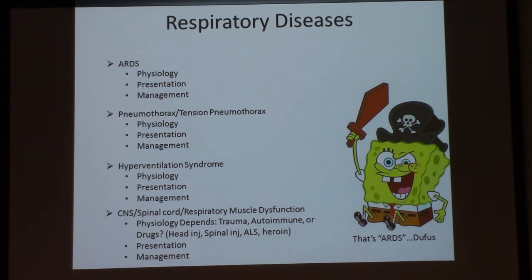Patients with spinal cord, CNS, respiratory muscle dysfunction. If you have someone who's been involved in an incident with spinal cord injuries, cervical spines, remember that a lot of times their ventilations may be very shallow or absent depending on what level is being affected. Are they adequately breathing if they're breathing real shallow?